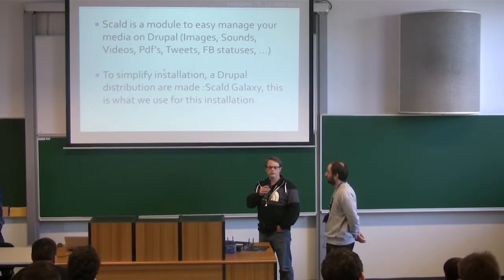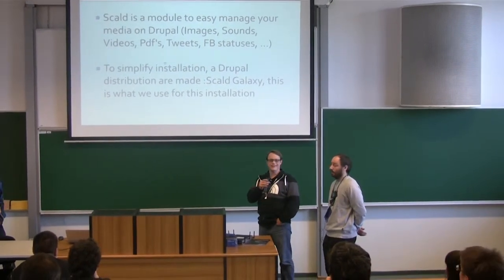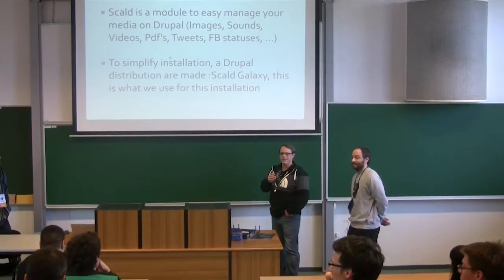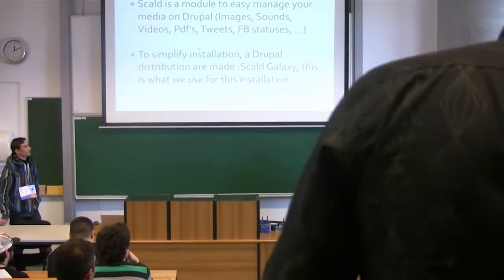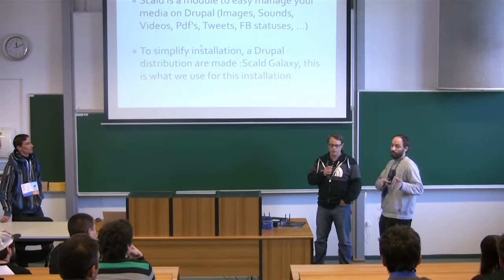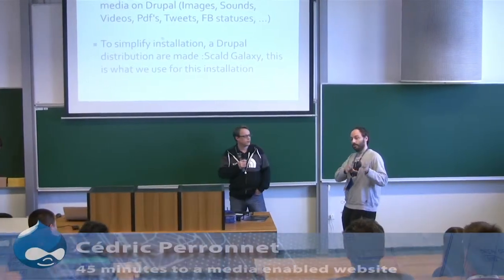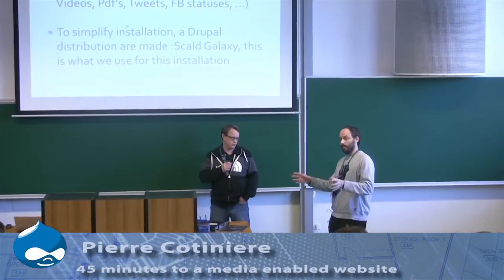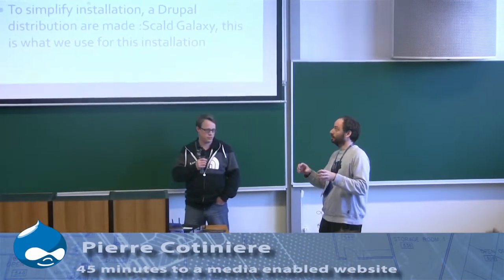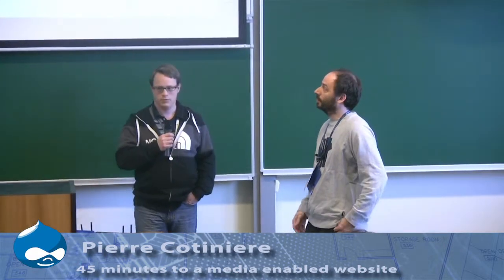Who knows what a Drupal distribution is? You can download Drupal as the core from Drupal.org, and you can also download packages which include Drupal core and some extra modules. These distributions come with pre-configured modules, so it's much easier to start with.